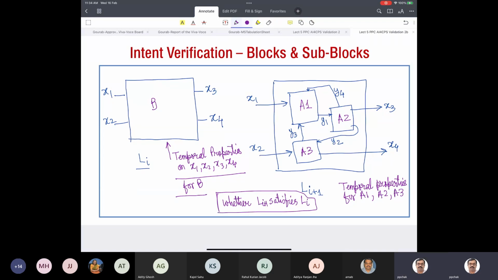In order to do that, I will develop the temporal formula TLi plus 1. I will take A1, A2, A3, A4 and do the connection, and I will check whether TLi plus 1 implies TLi. So this is my intent verification problem.